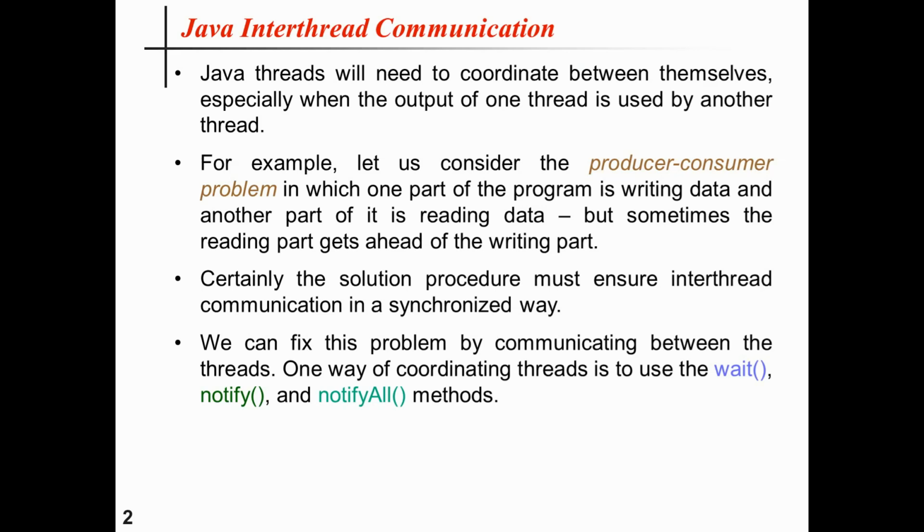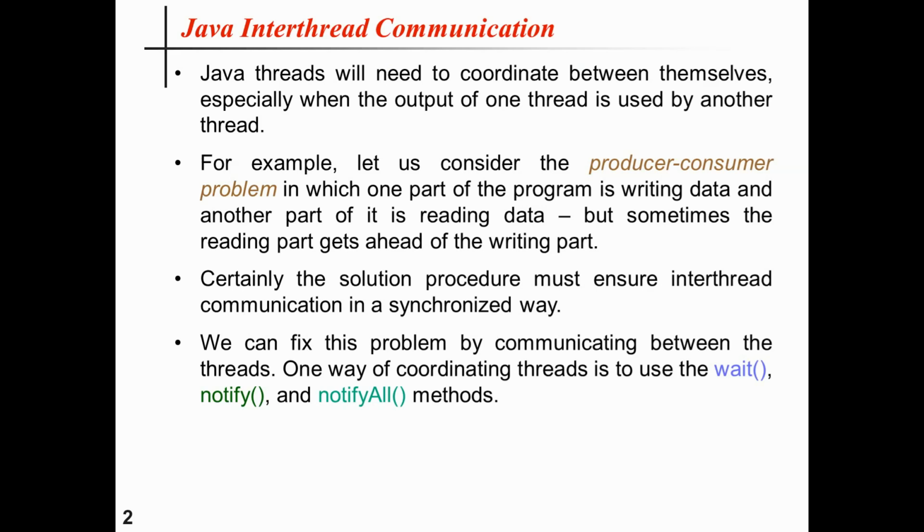Basically, whenever we use the wait method, the thread will be put into the blocked state, and it is called the waiting substate of the blocked state, because we have 5 different types of blocked state: waiting, sleeping, suspended, blocked on IO and blocked on synchronization, which I have discussed in the Java thread lifecycle. But here we have the blocked state that is called waiting. So that is the idea.